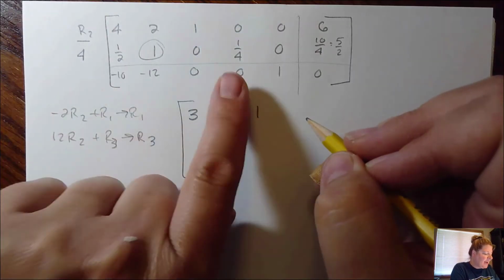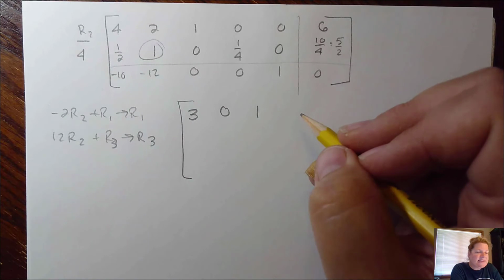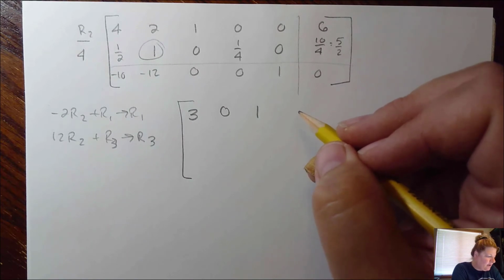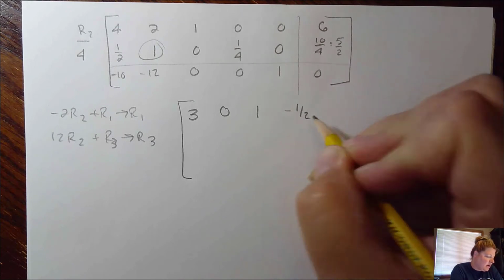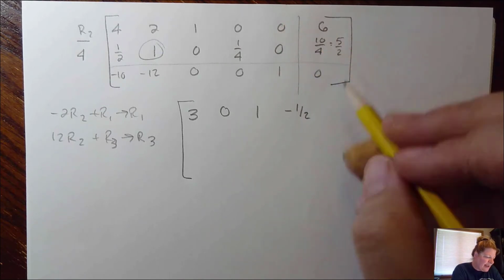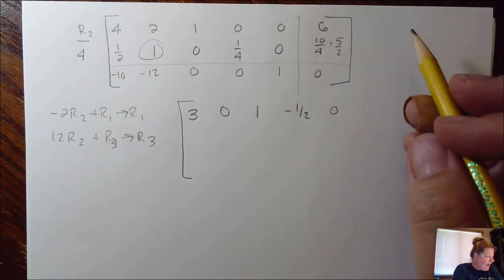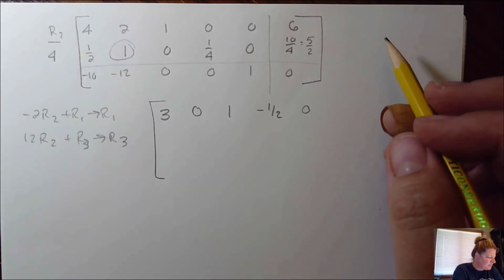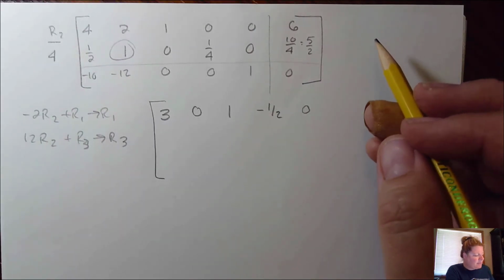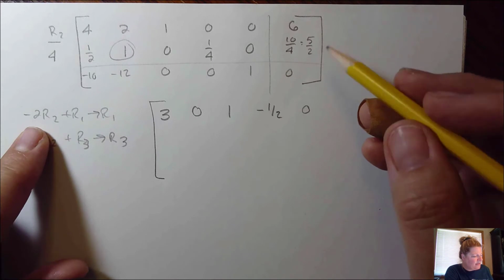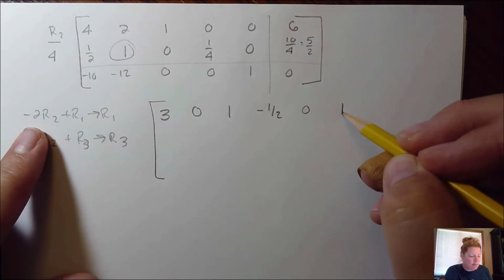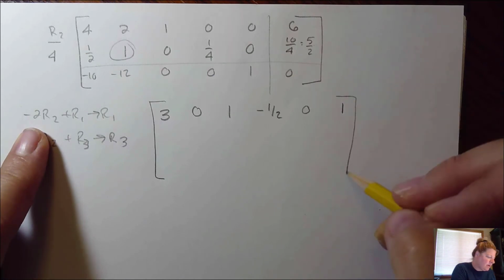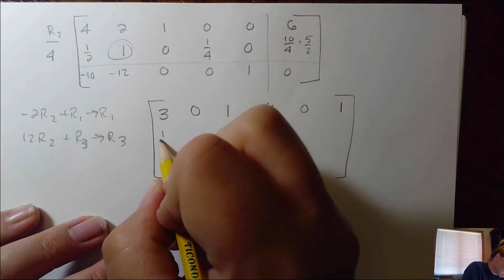Negative 2 times positive 1/4 is negative 1/2. Plus 0 is negative 1/2. Times by 0, add 0, 0. 5 halves times negative 2 is negative 5. Negative 5 and 6 make a 1. Middle row stays the same.